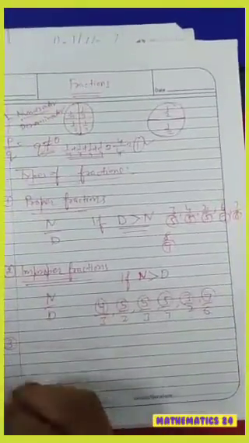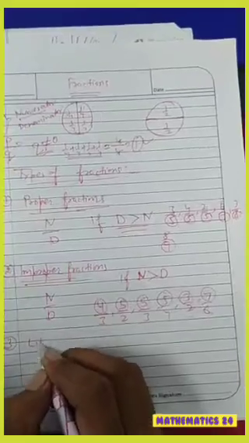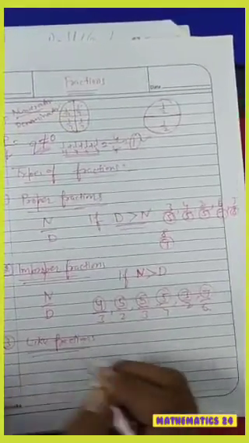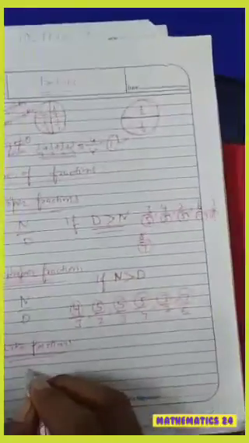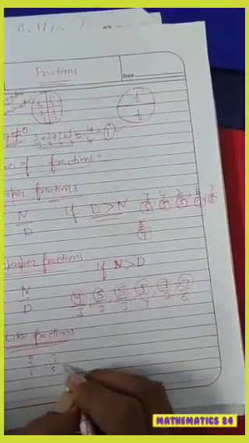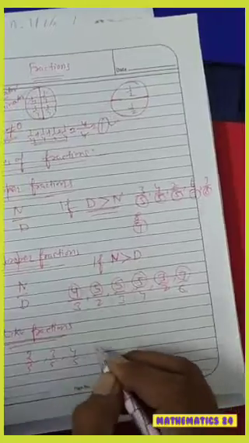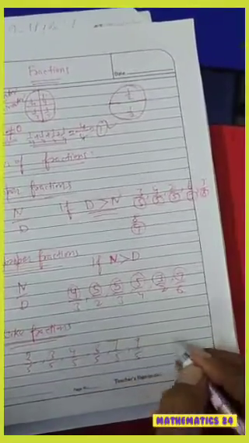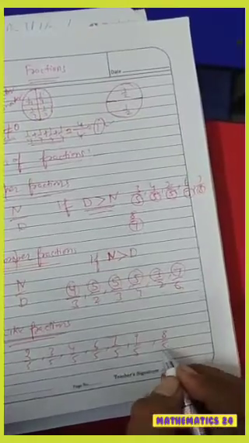The next topic is like fractions. For example, look here, 2 by 5, 3 by 5, 4 by 5, 6 by 5, 7 by 5, 9 by 5, 8 by 5. Are you looking here?